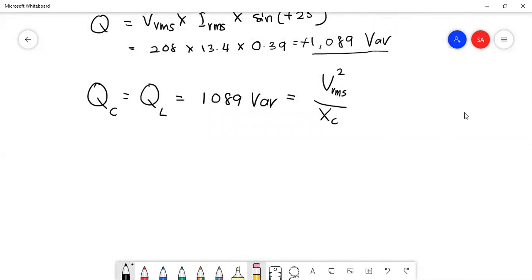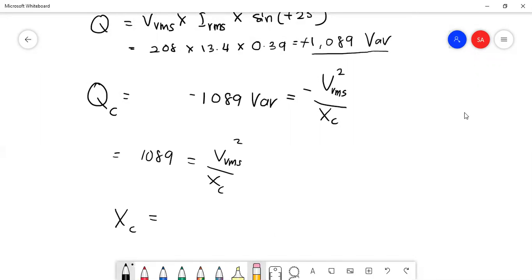Sorry, this is negative, meaning that the QC also must be negative. So you can just write down VRMS square over XC, and my XC is 208 square over 1089 var.